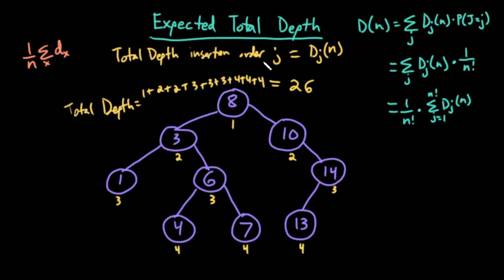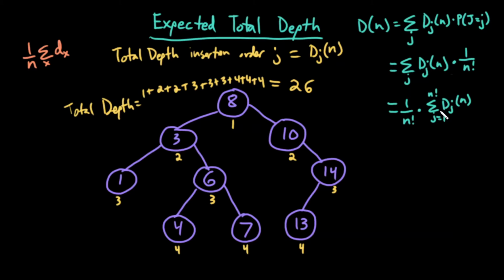So the total depth of an insertion order j is the sum of the depths of all of the nodes of the tree resulting from that insertion order. And the expected total depth is 1 over n factorial times the sum of the total depths of every single possible insertion order. Okay, so this sounds like I've just done something bad. I basically have determined our answer with respect to some n factorial sum.